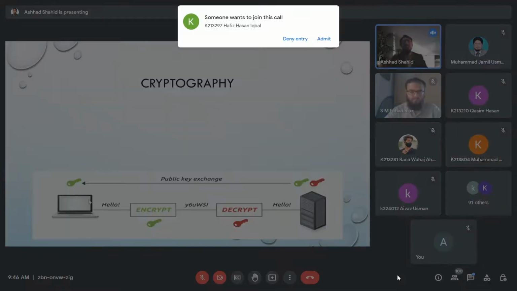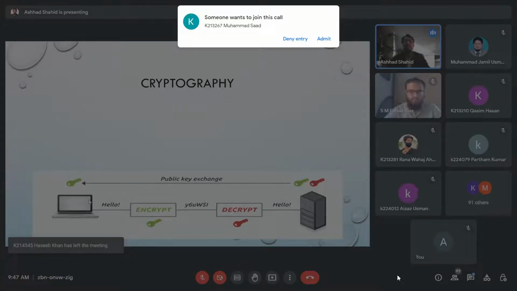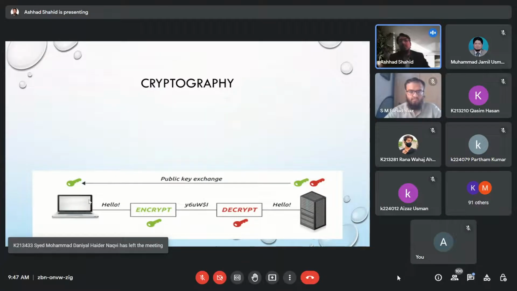Let's move to another application: cryptography. Cryptography is like if someone is sending a message, hello, that is encrypted into Y6UW$I, and then this message is decrypted by another person, and it will be seen as hello.